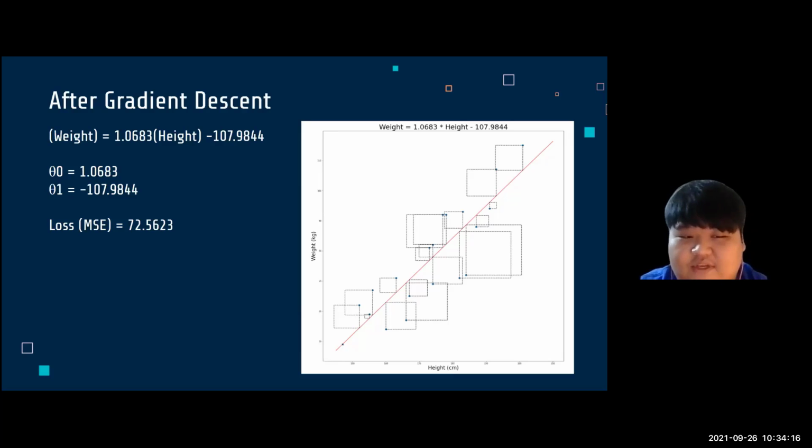Another reason for this big amount of loss is the model itself. We are using a linear regression model here, but there are much more advanced versions, for example, a polynomial regression model or a logistic regression model. Those are more advanced techniques which can produce better or more accurate results.